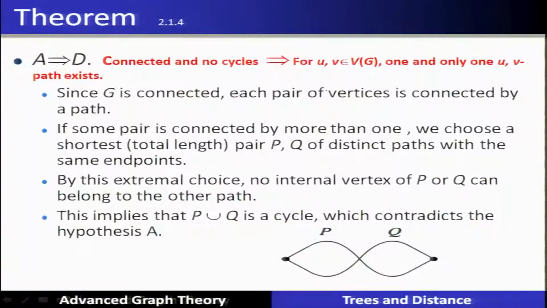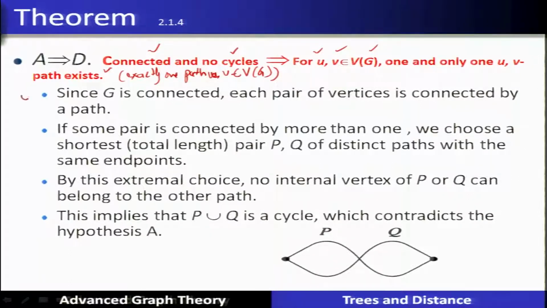Now, the next part of this particular theorem says that if the graph which is given is connected and has no cycle, this will imply that for any pair of vertices of a graph, there is one and only one path. That means there is exactly one path for every pair u, v in the vertex set. That we have to prove.